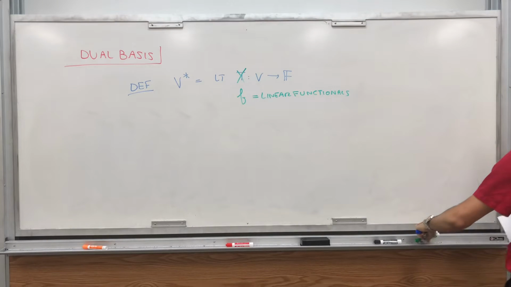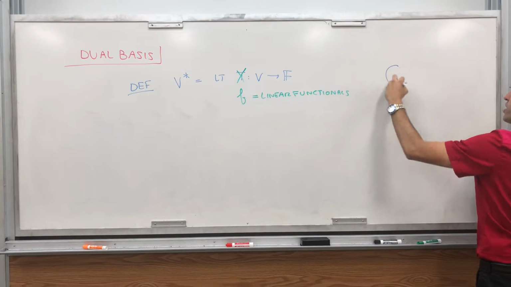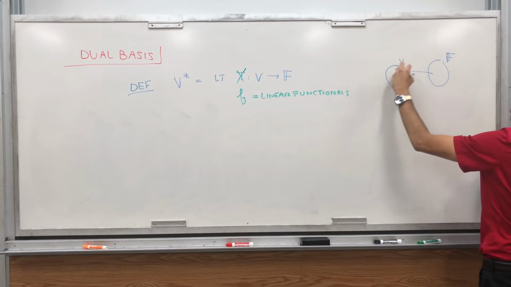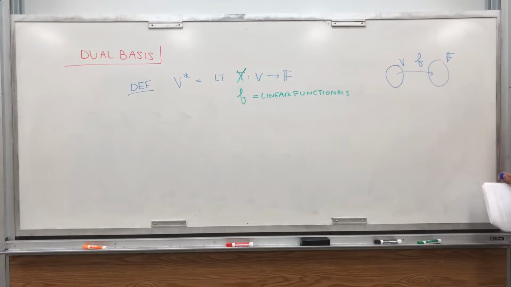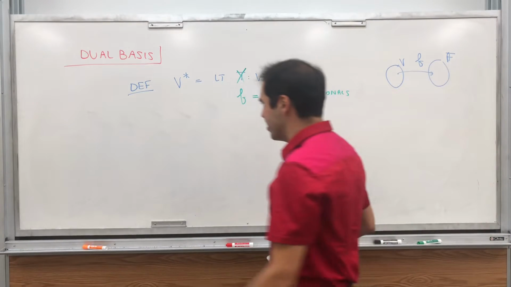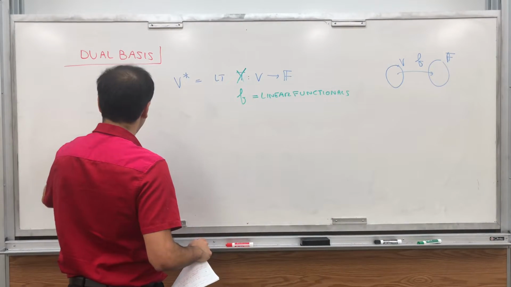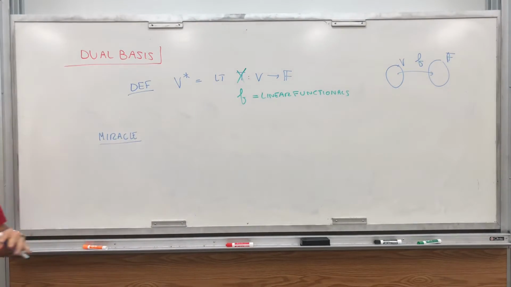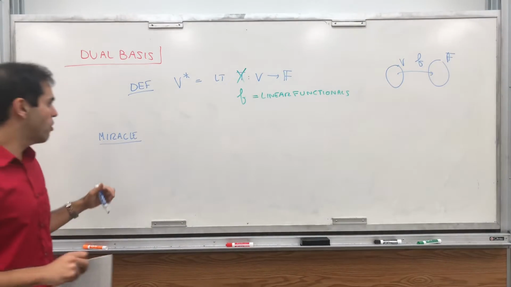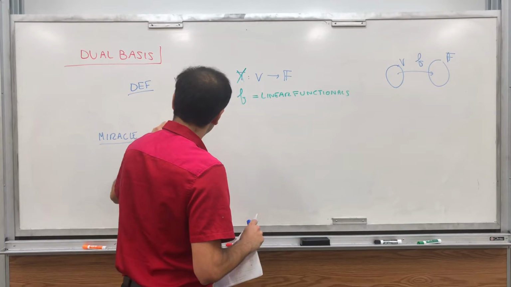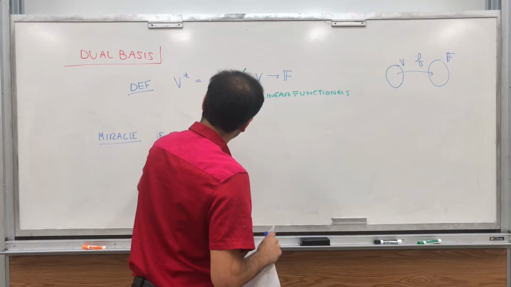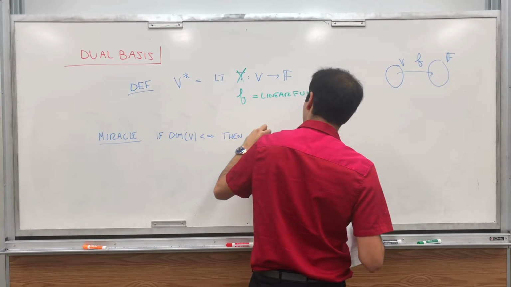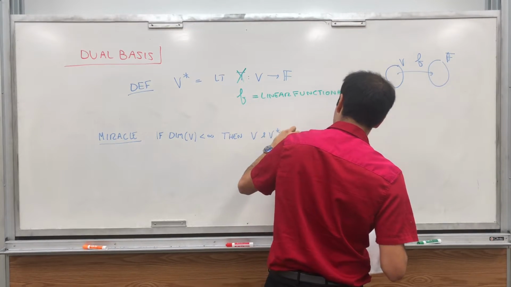So a linear functional is a linear transformation from V to, let's say, the real numbers or the complex numbers. Then we also saw another miracle: if V is finite dimensional, then V star and V look the same. They are isomorphic.